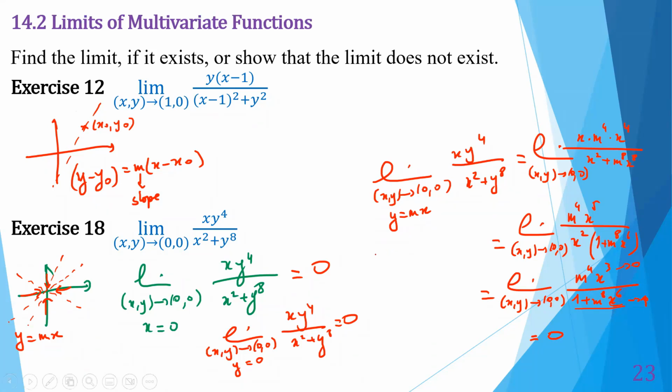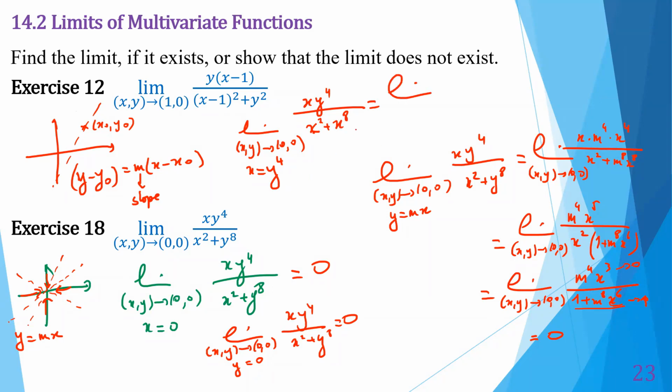To find a different limit, the path I tell you to take is x equals y to the 4th. It's a strange path. We saw y squared is a parabola, and y cubed we know, so we can also graph this path. I don't know exactly how y^4 looks, but if you do this, we replace x by y^4.